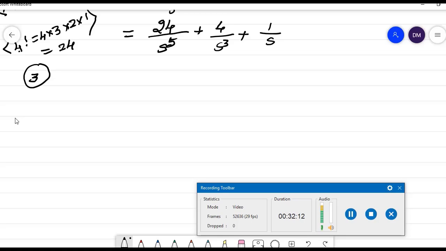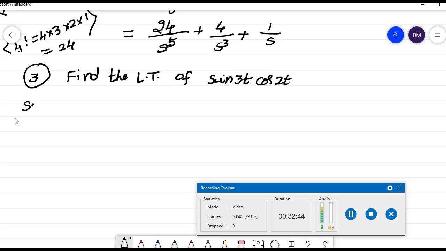The third problem is: find the Laplace transform of sin 3t into cos 2t. Now see how to do the solution of this problem.